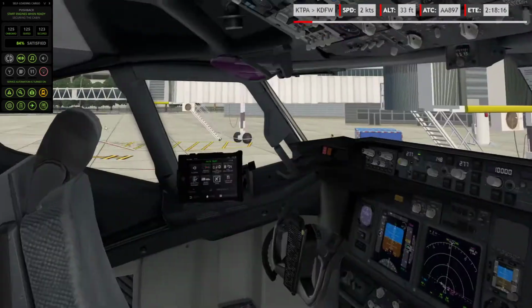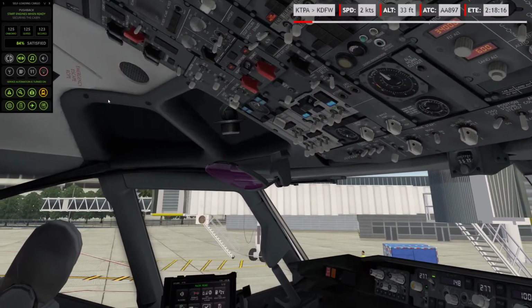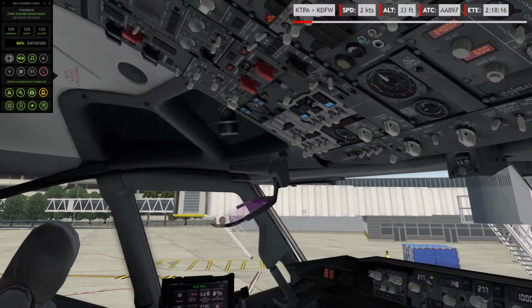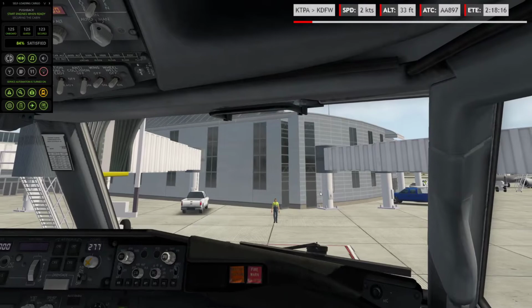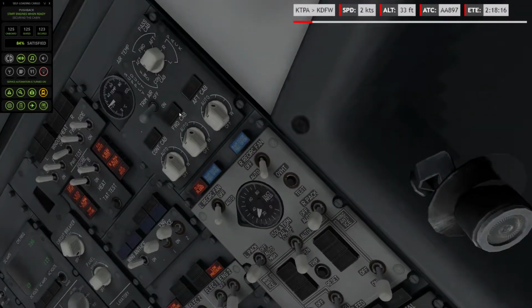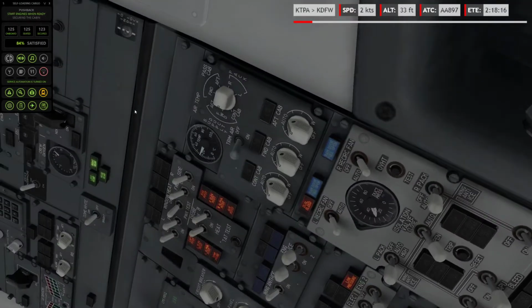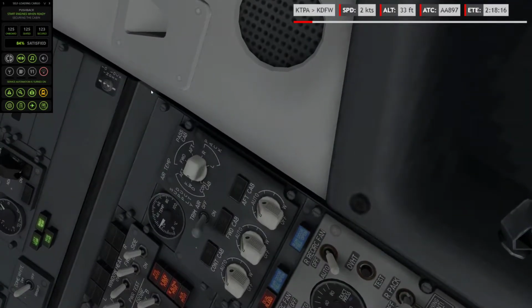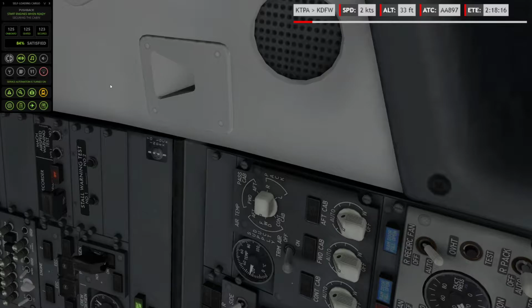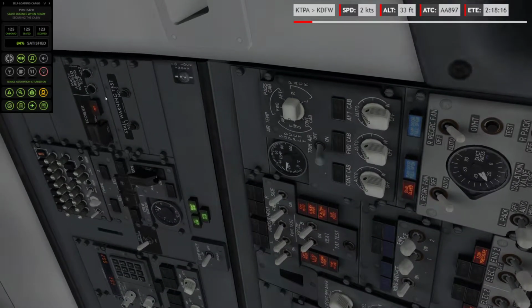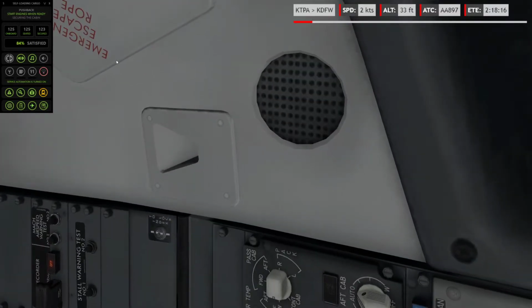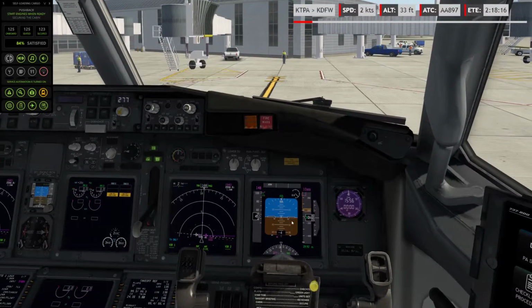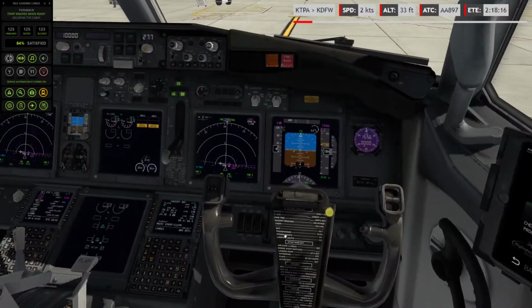We have a few announcements going on, but we are off the gate and ready to go. So temperature is good, passengers are comfortable. Oh, I just realized the recorder is off, but I'm not sure how to turn that on, so we'll just leave that as it is.